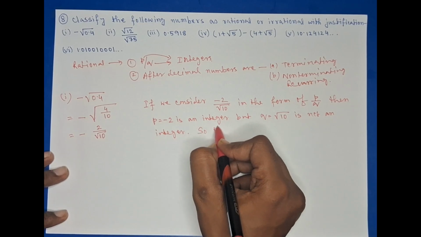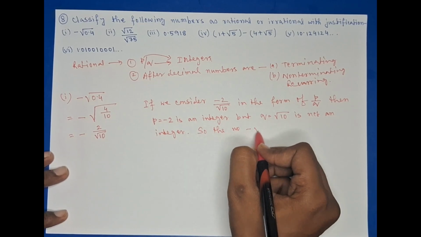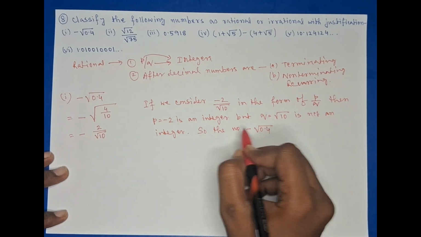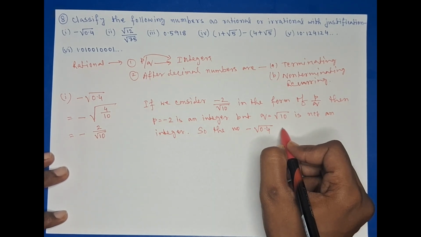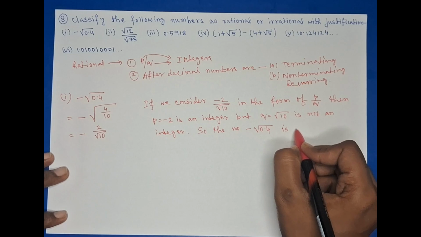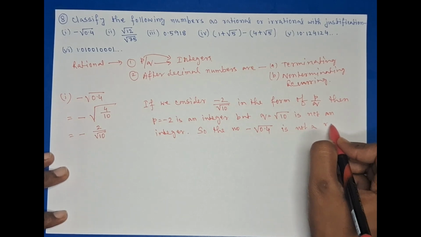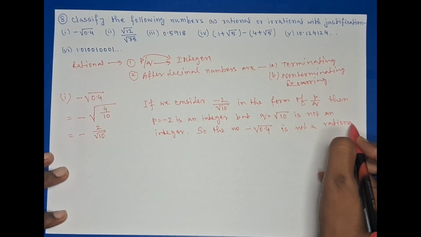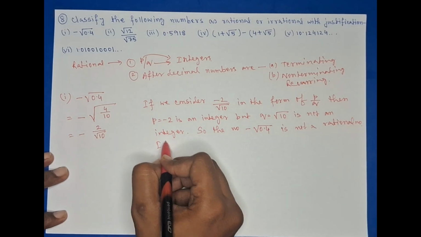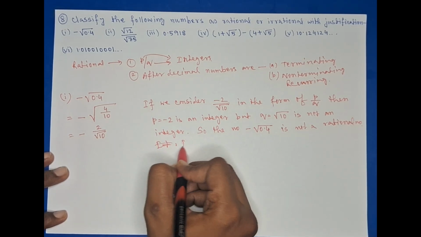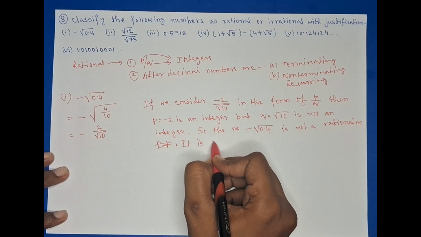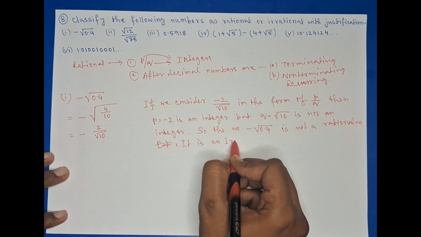So the number minus square root of 0.4 is not a rational number. It is an irrational number.